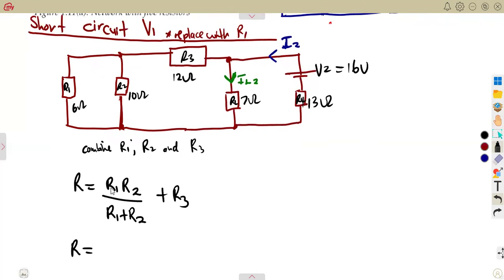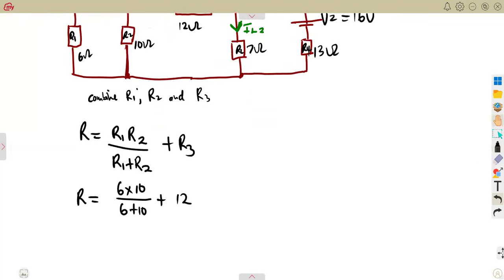So let's multiply these two, R1 and R2, that's 6 by 10 over 6 plus 10. Then we add R3, which is 12. That was going to give us the total resistance of these three resistors with the parallel and series combination, which was going to give us 15.75 ohms.